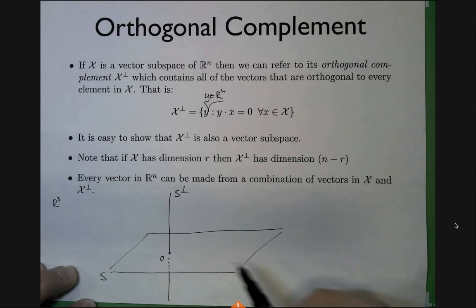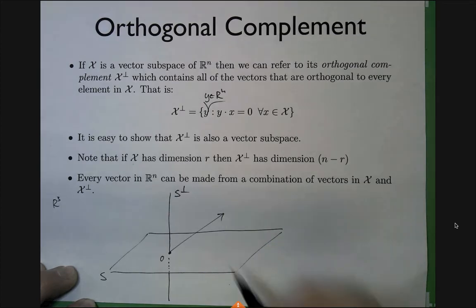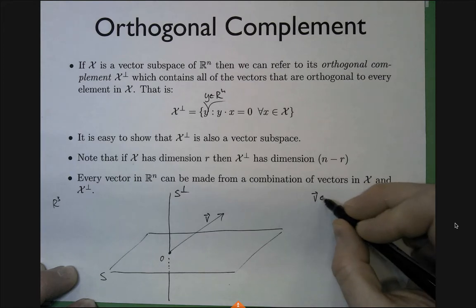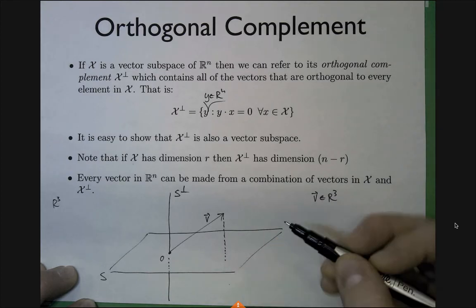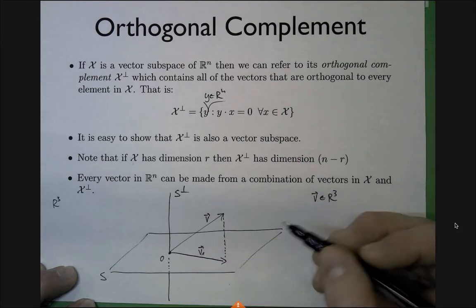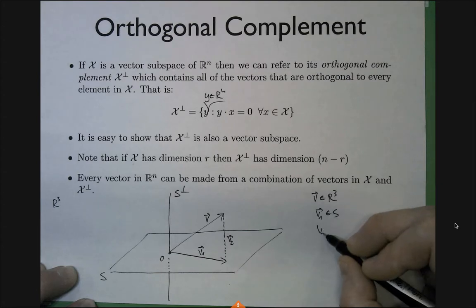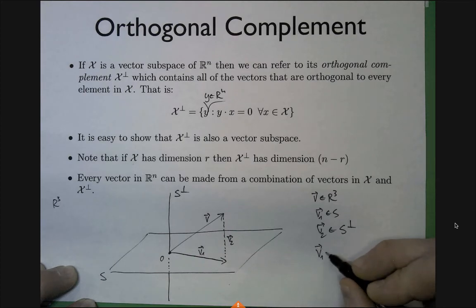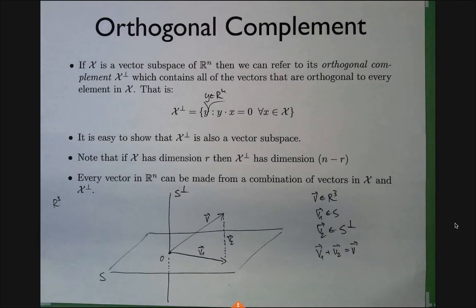And what I'm saying here is, if I pick an arbitrary vector, here the arrows actually work very nicely, a vector V from the original 3D space, then I can write it as a sum of two vectors, where one is in the subspace, let's call it V1, and the other is in the orthogonal complement. So V1 would be in S, and V2 would be in the orthogonal complement of S. If I sum them together, V1 plus V2, I get V. Okay? So that's the idea.